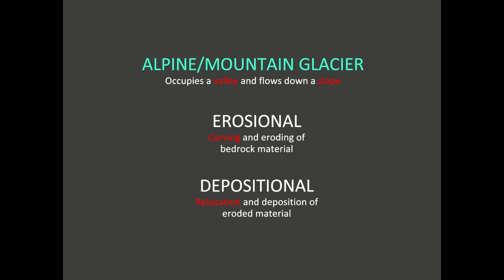So an alpine glacier occupies a valley and flows down a slope, and they modify the landscape. And they do in two ways. They cause erosional landforms when they carve and erode bedrock material, and they cause depositional landforms when they relocate and deposit the eroded material from the erosional process.